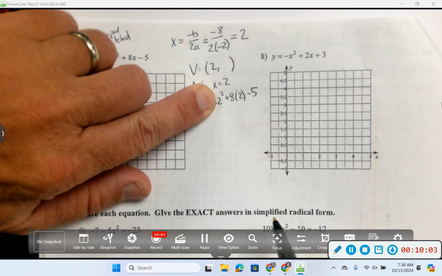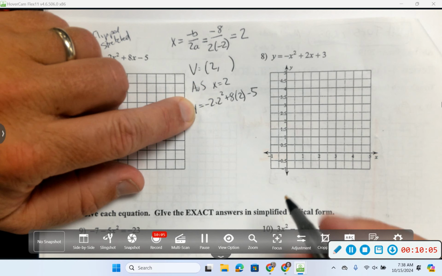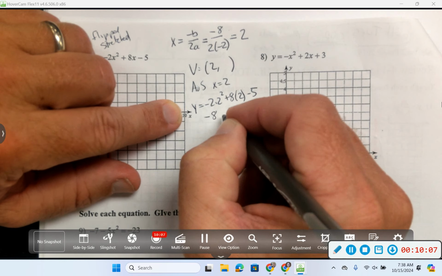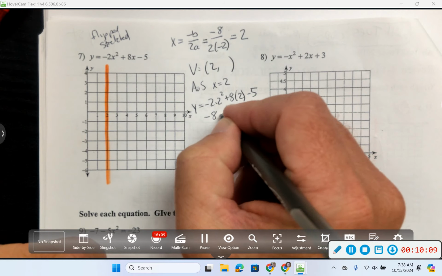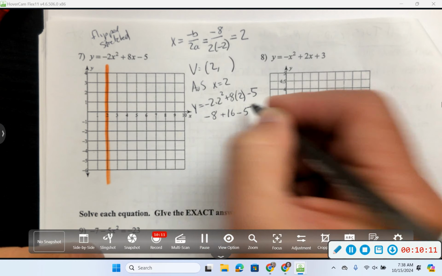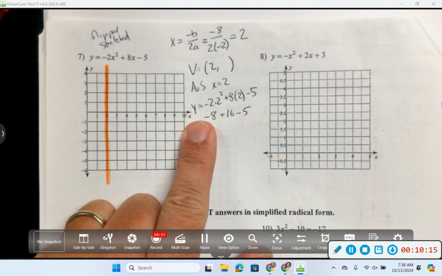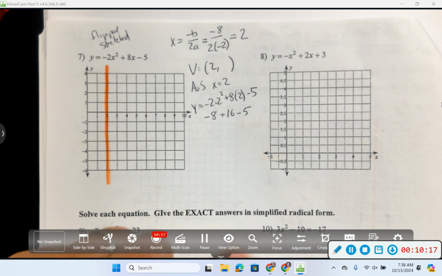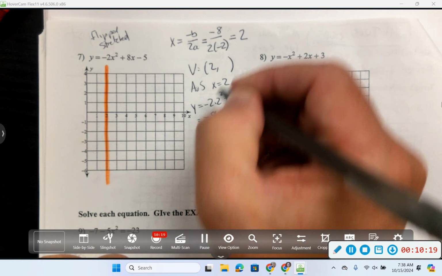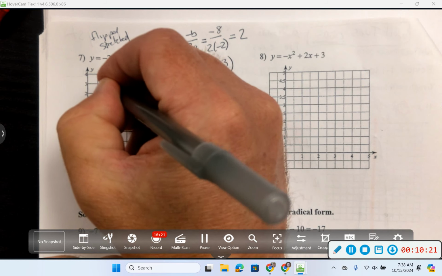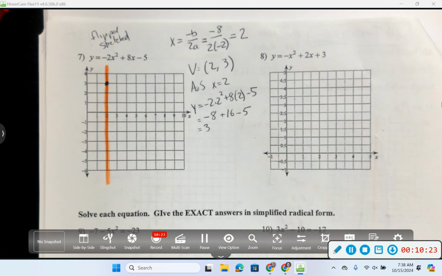So square the 2, that gets me 4, times negative 2 would be negative 8. Plus 16 minus 5, so that would be 16 minus 8 is 8, 8 minus 5 is 3. So 2, 3 is my vertex.